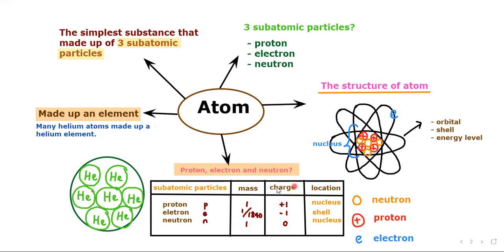As for the charge, you can see proton is always positively charged and neutron is always neutral. The electron is negatively charged. As for the location, the protons are located inside the nucleus, which is the center of the atom, and the neutrons are together with the protons inside the nucleus.